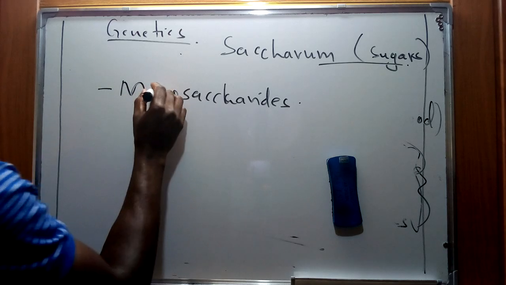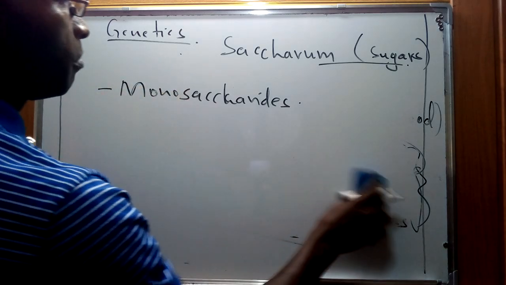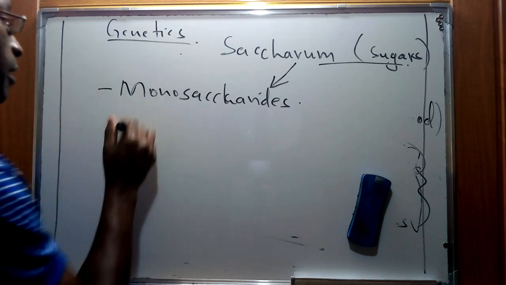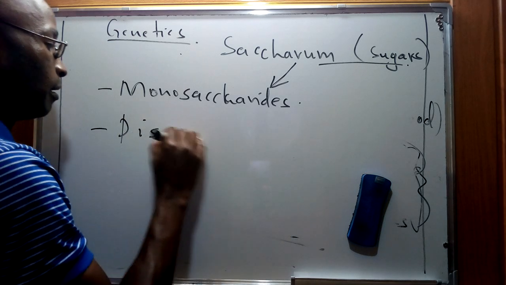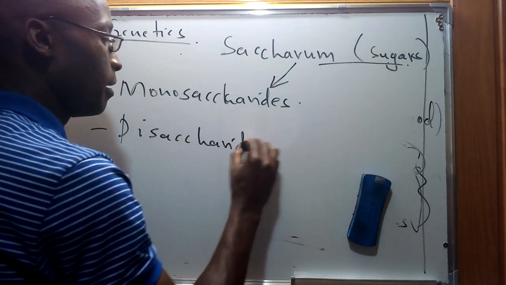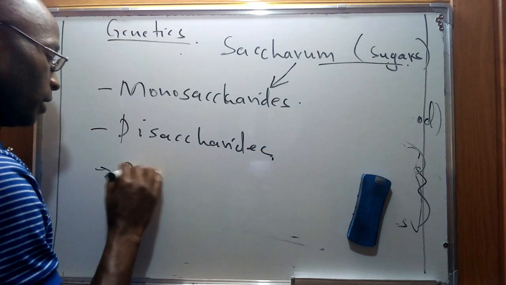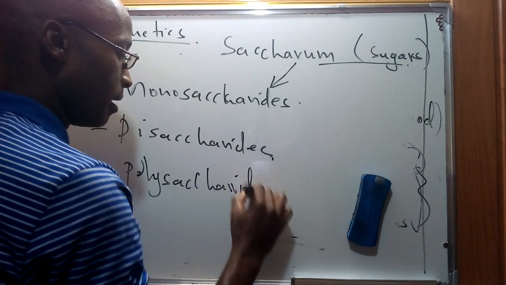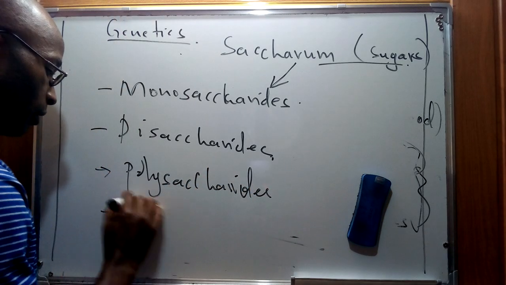So in this case, just for confirmation, we can define these different classes of carbohydrates as either monosaccharides, disaccharides, and then we said polysaccharides, and then lastly we talked about the oligosaccharides.